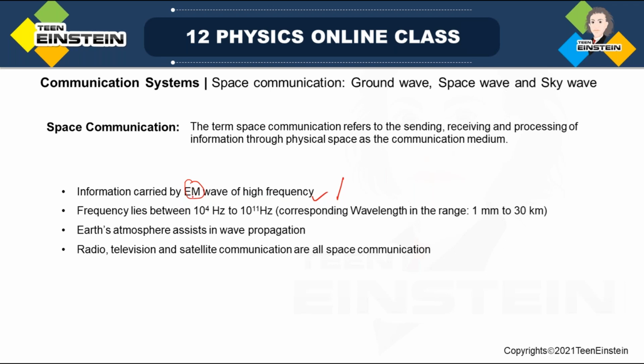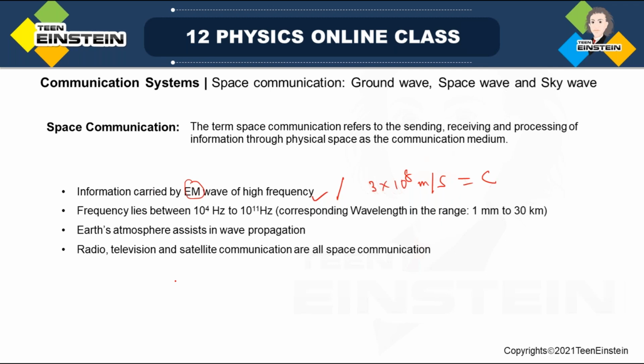E means electro and M means magnetic, electromagnetic wave of high frequency, and it will travel with velocity 3 into 10 to the power 8 meter per second. As you know, the speed of light is denoted by c.